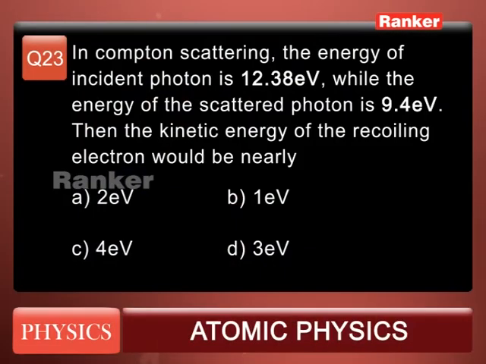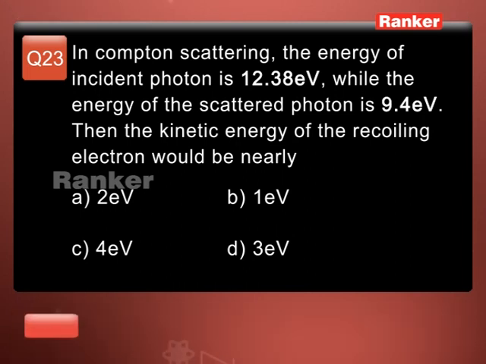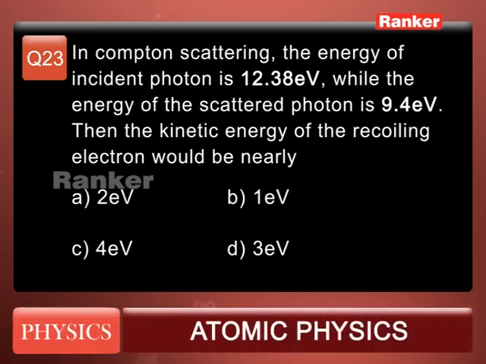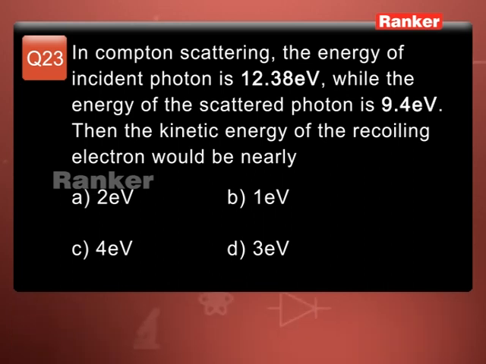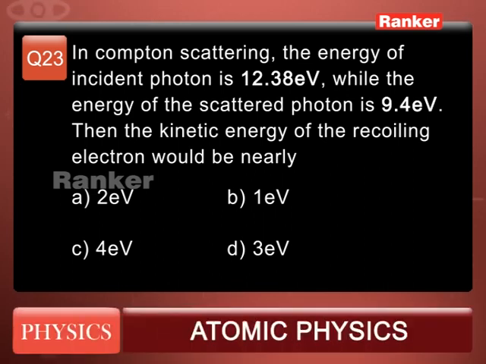In Compton scattering, the energy of the incident photon is 12.38 electron volt, while the energy of the scattered photon is 9.4 electron volt. Then the kinetic energy of the recoiling electron would be nearly how much? The first option he gave is 2 electron volt, second option 1 electron volt, third option is 4 electron volt, and fourth option is 3 electron volt.